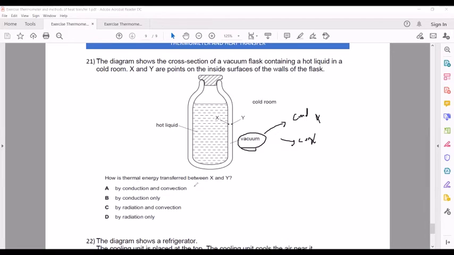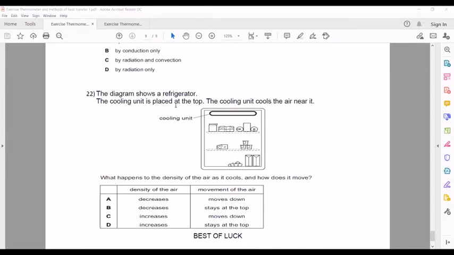So how does thermal energy transfer between X and Y? Conduction is by the vibration of particles and convection is by the movement of particles, so both require particles to occur. Radiation can pass through a vacuum, so that's why D is the right answer. Any other question?